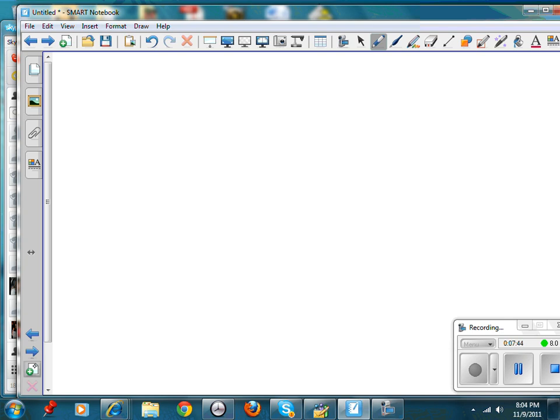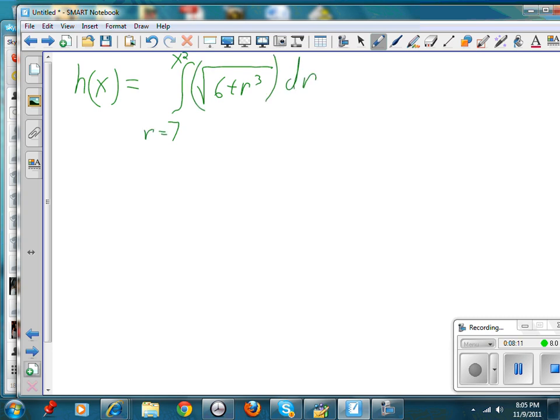Well, not really a harder one, but this is also h of x is equal to, and in this case, I'm going to give you the integral from 7 to x squared of 6 plus, dr. Now remember, this is r, 7r, right?